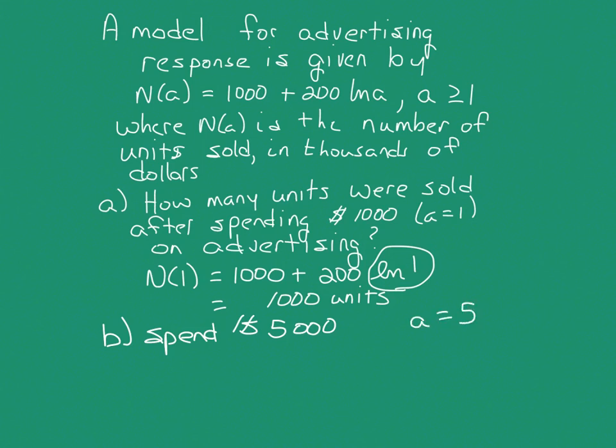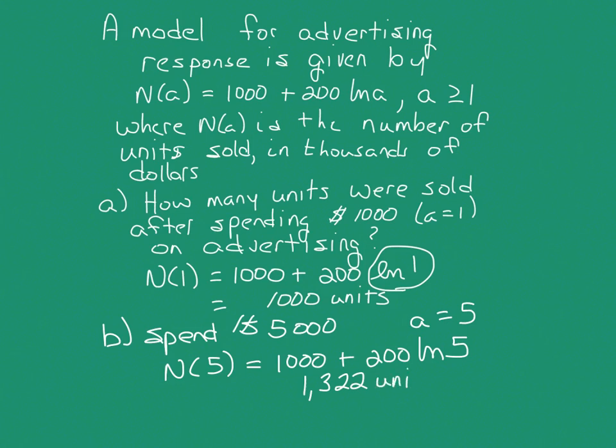And we are going to find N of 5, which is going to be 1,000 plus 200 times the natural log of 5. And if you just type that into your calculator, you should come up with 1,322 units. Straight into your calculator.